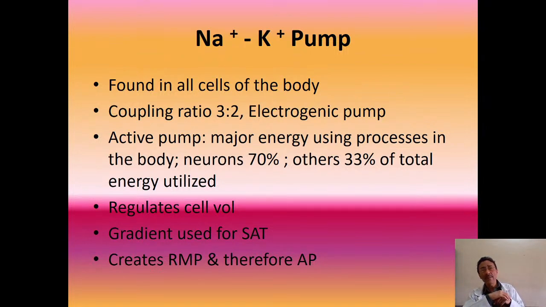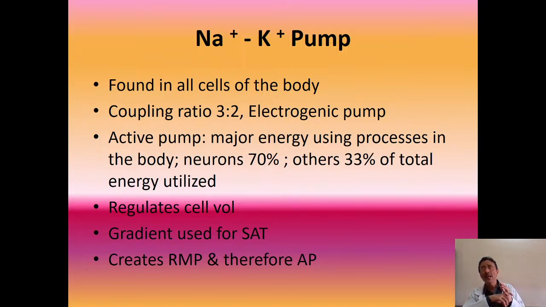Then it also helps in maintaining the resting membrane potential and action potential. Now at this point of time, we just remember that there is electronegativity occurring inside almost all the excitable tissues of the body. The excitable tissues of the body are basically nerves and muscles.